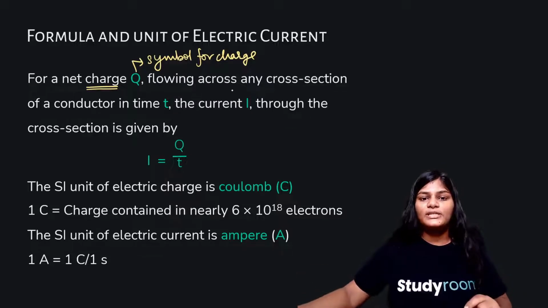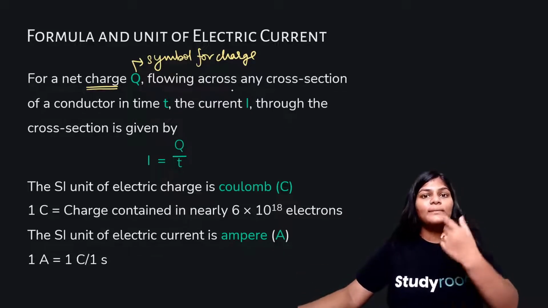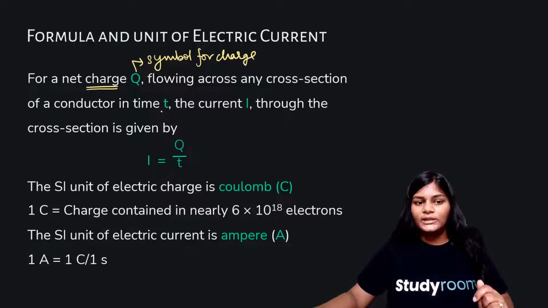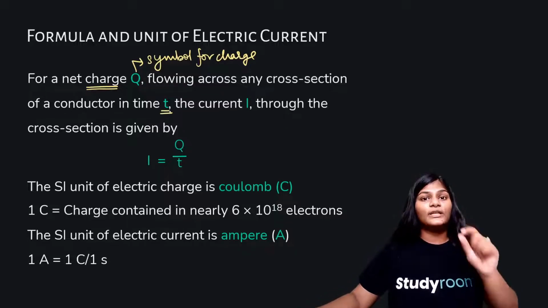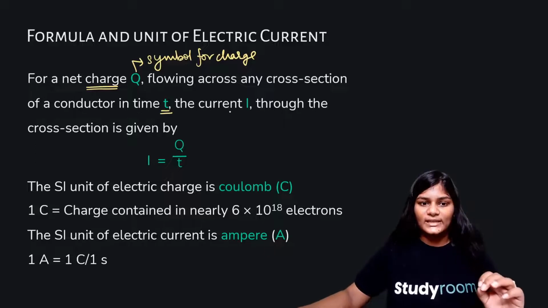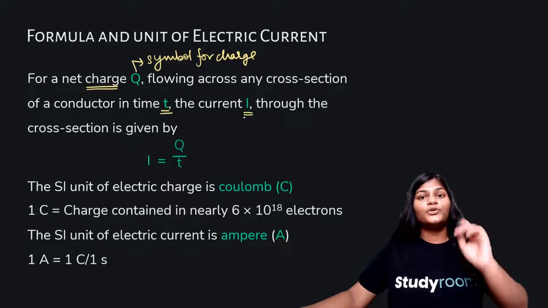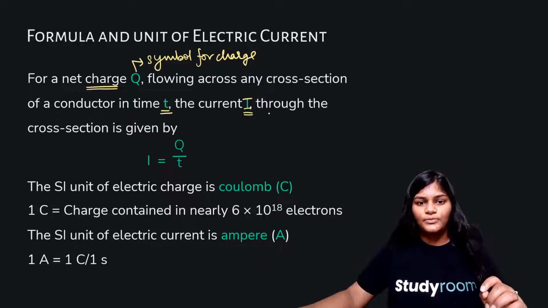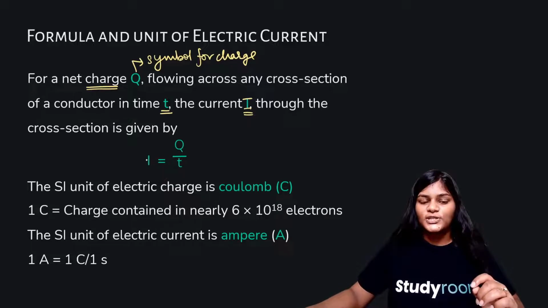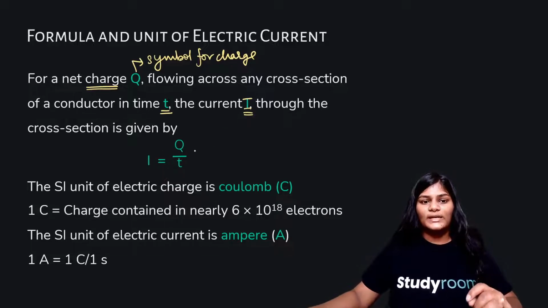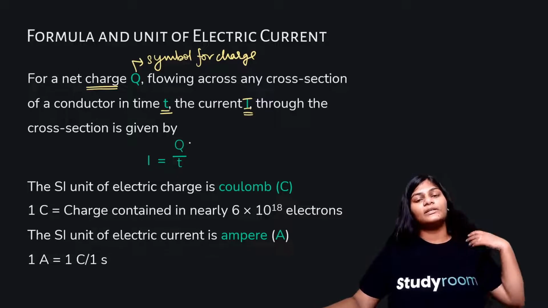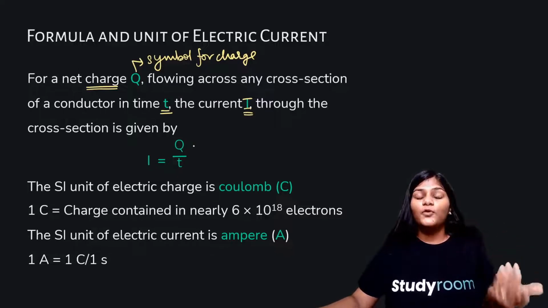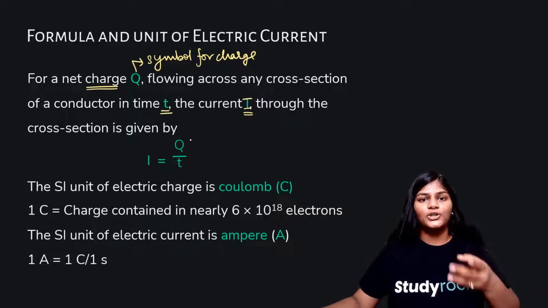So coming back to this, any cross section means any part of the wire of a conductor in time t. I told you that for time we use the small letter t, and for current we use capital I. The current through a cross section is given by I is equal to Q by t. You remember we said that current is defined as the flow of electric charge per unit time.